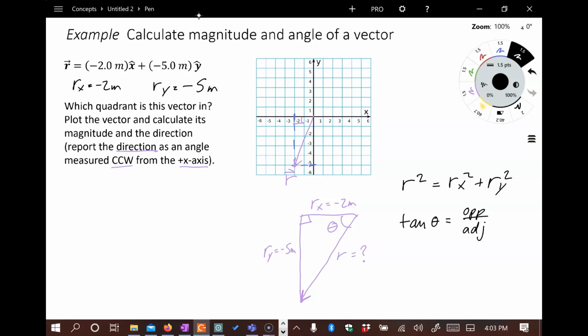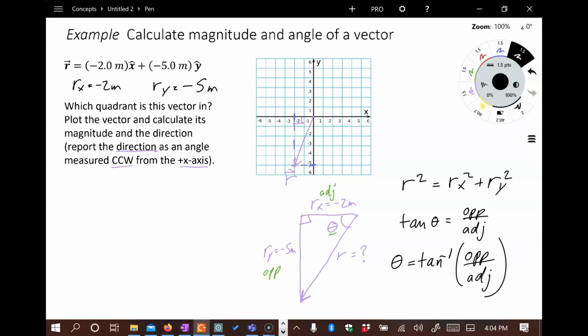And in this particular picture here, we've got the adjacent side next to angle theta, and we've got the side opposite of angle theta, right? Now, I actually want to get the angle theta, not tangent theta, so I need to use the inverse function. To get the angle, I've got to go tangent inverse, the inverse function of the ratio of the opposite over the adjacent sides.